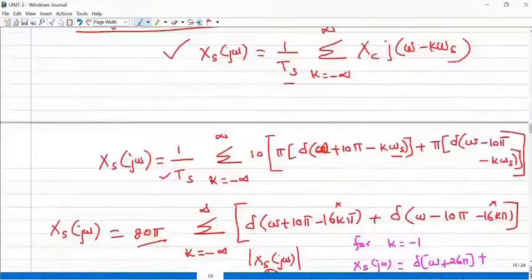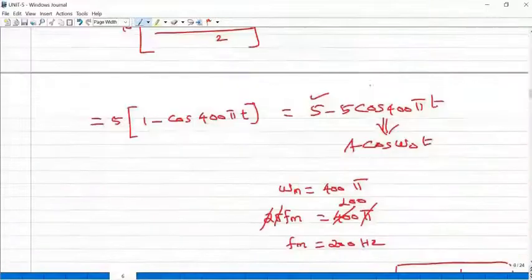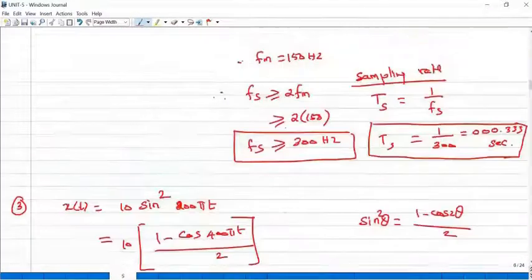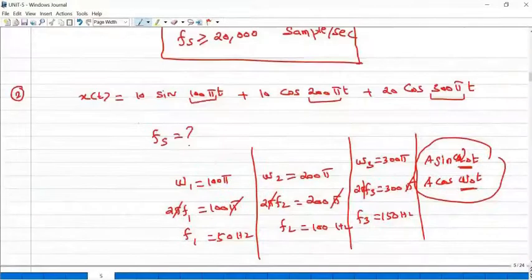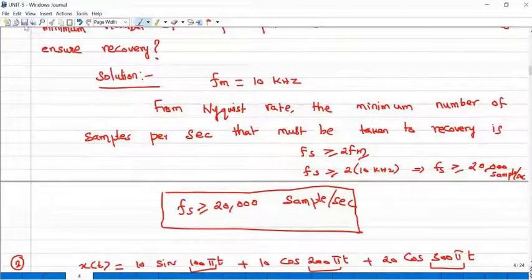Previous problems are very simple, because of cos 10 pi t, sine square theta equals 1 minus cos 2 theta by 2, sine function, cos function, no problem at all. So whenever the problem comes in the form of a sinc pulse, check carefully whether it is sinc of some value, or sinc square of some value.